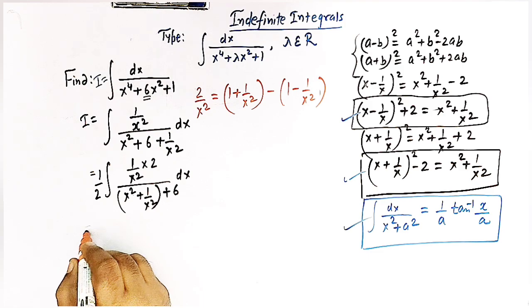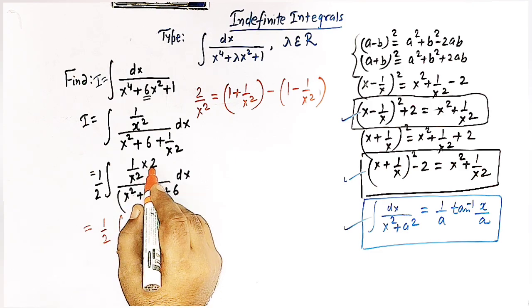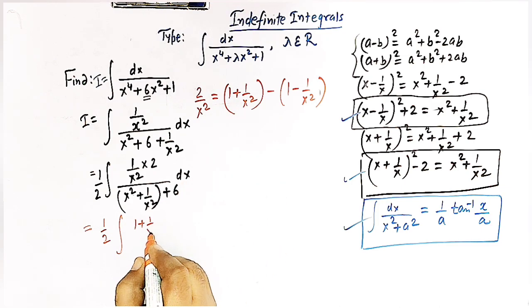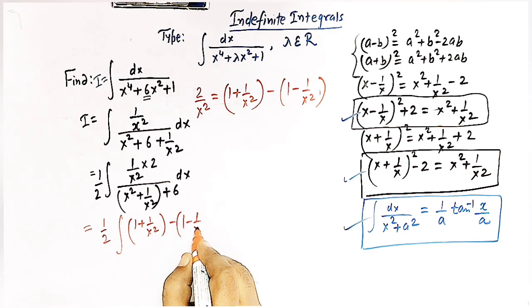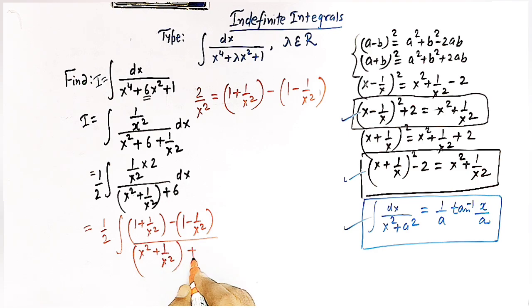So now we can write this integral as half, and then 2 over x square can be written as 1 plus 1 over x square and minus 1 minus 1 over x square, divided by the denominator, that is x square plus 1 over x square plus 6, dx, right?